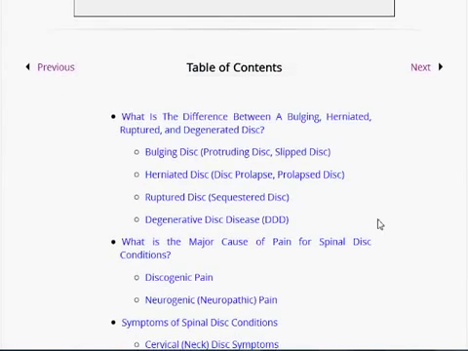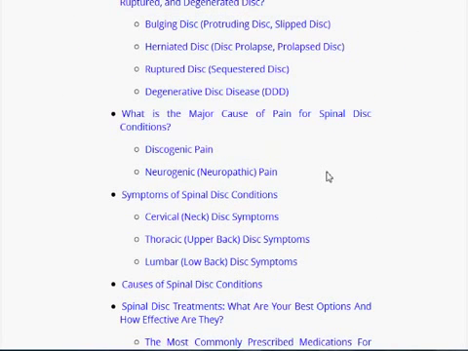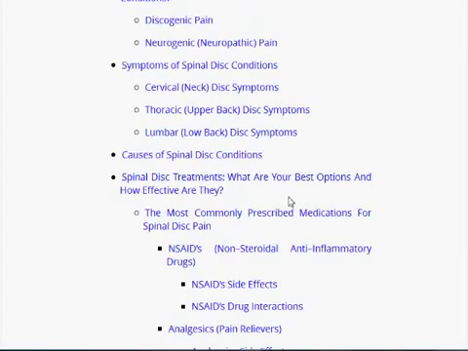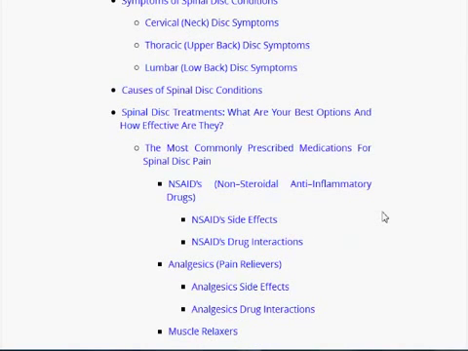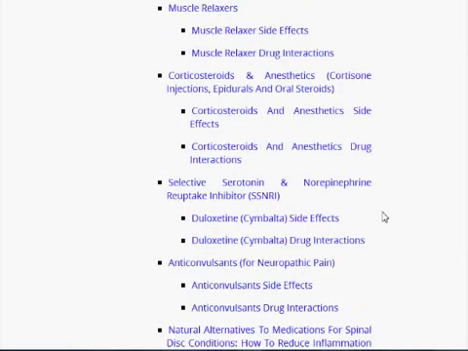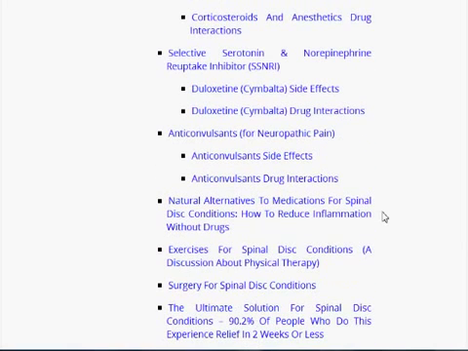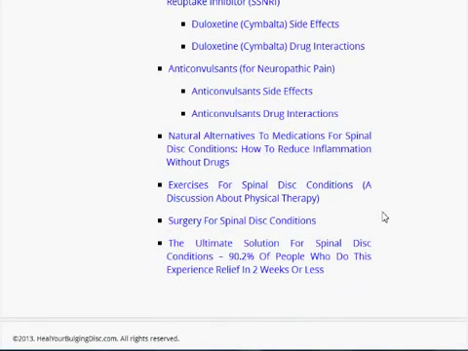And this will give you all of the information. So if you wanted to learn about the symptoms, you would just come down here and click on one of these, and it'll give you a complete list of symptoms that could develop. I cover the causes, the treatments. We talk about all of the different medications that might be prescribed for the condition, natural alternatives that you may want to consider, exercises, surgery. So all of this is considered on this website, and I write a lot of detail about these different topics so that you can learn whatever it is that you're looking to learn from this.